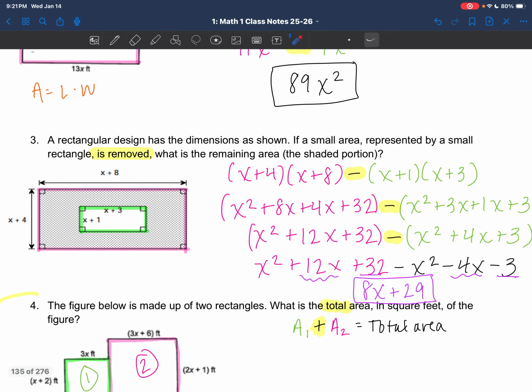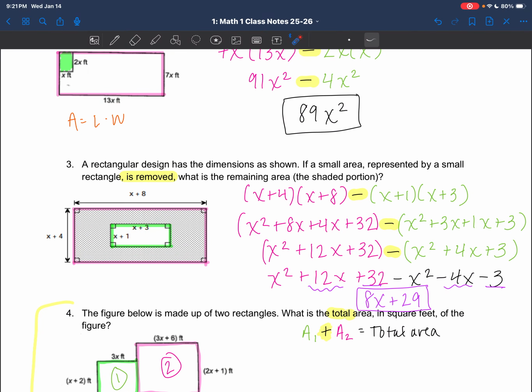All right, so this one is kind of the same thing. We just have bigger numbers to deal with, or more terms. So it's a rectangular design that has the dimensions as shown. If a small area is removed, what is the remaining area? So we want all of this here, and we don't want that.